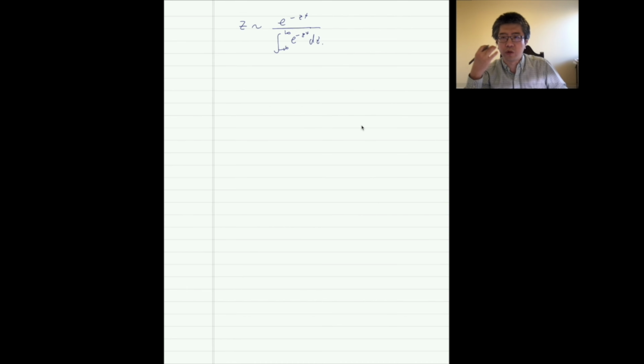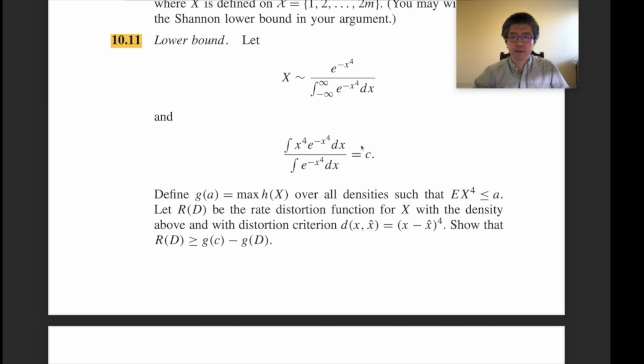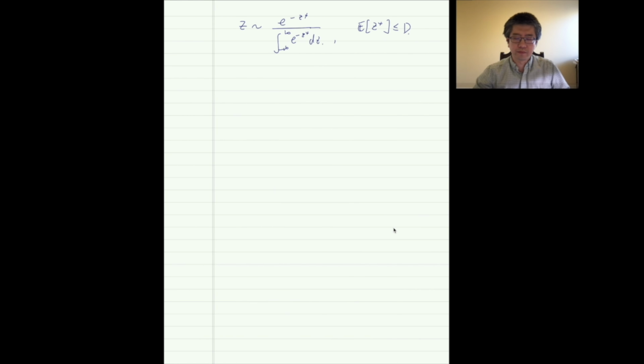Again, remember g is the error, and error here means a distortion. It means that this term will be less than or equal to d, because this is the distortion.